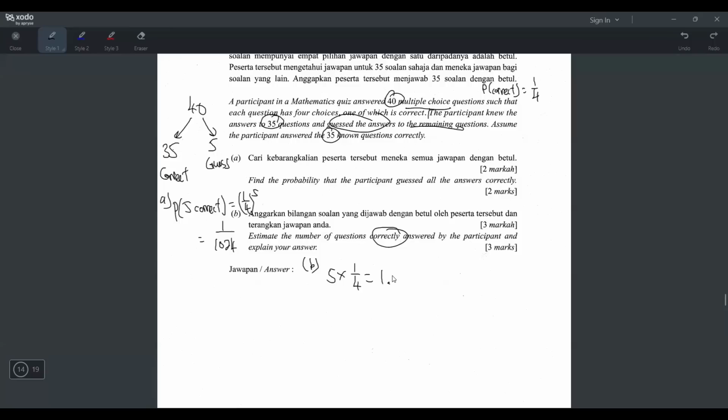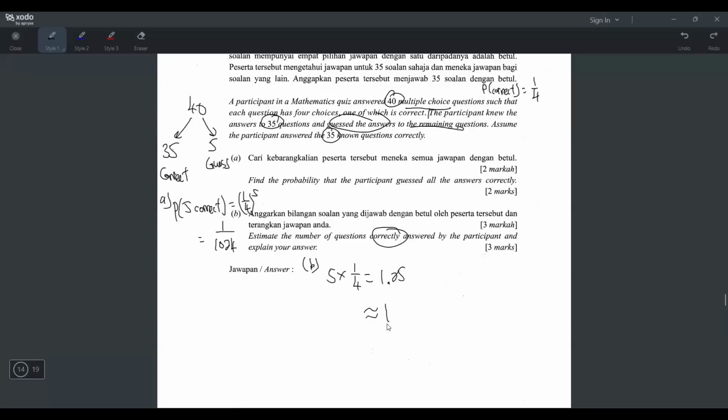So you tekan this, you get 1.25. So do you understand what I mean by that? It means out of the five questions that he guessed, but since the probability of guessing correctly is only 1/4, so you take 1/4 times 5 to estimate like how many he will get it correct if he guessed all the five questions. So the answer is 1.25.